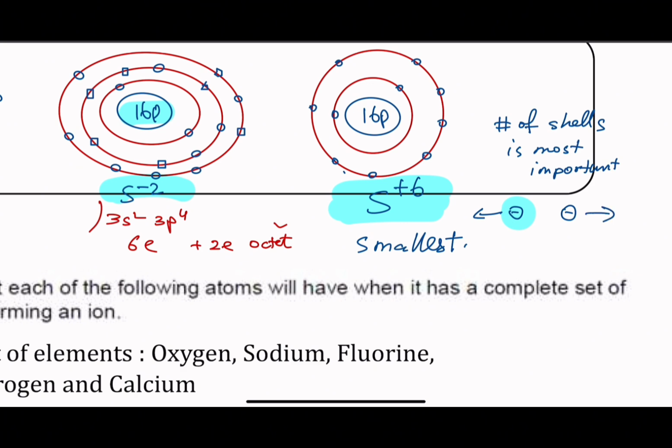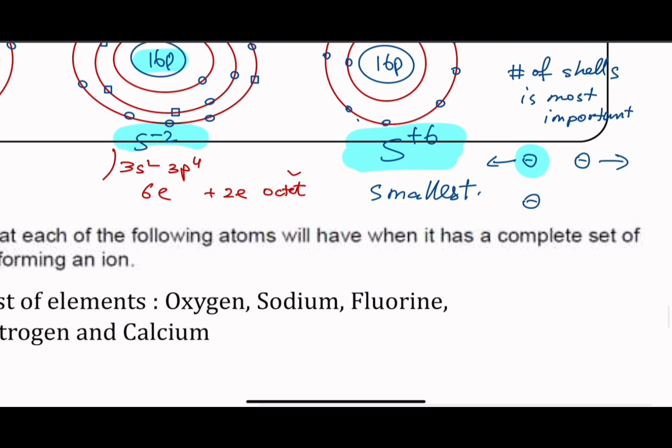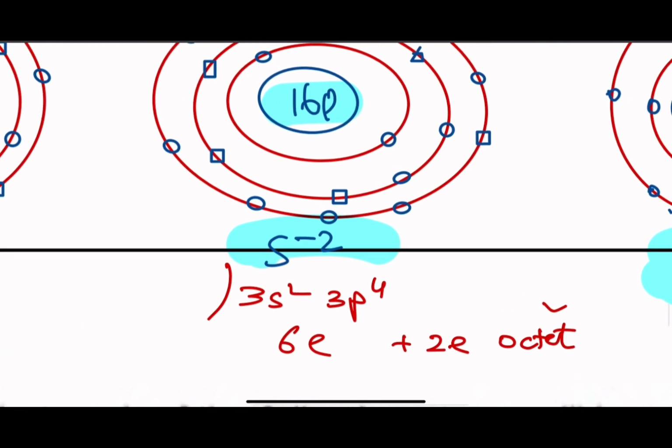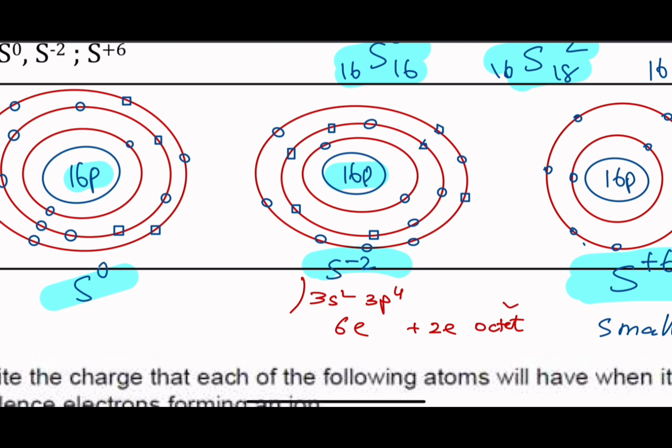Do we agree? I believe you agree with me. And positive and negative attract each other. So in this case, in S negative 2, we added more electrons, and these negative electrons are pushing away from each other. They are not coming closer to each other, which is why it's increasing the atomic radius.